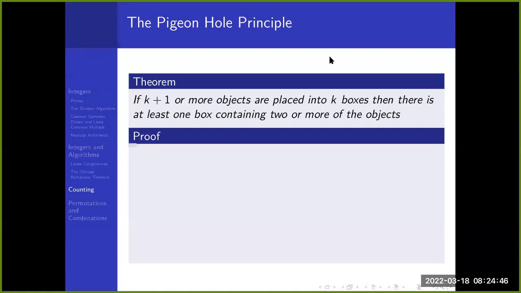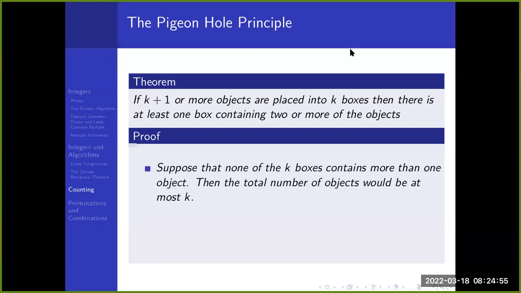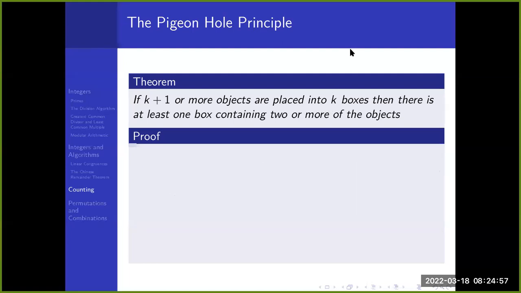The pigeonhole principle says the following: if you have k plus 1 or more objects and you place them into k boxes, then there is at least one box containing 2 or more of the objects. Let's test this with a simple example.